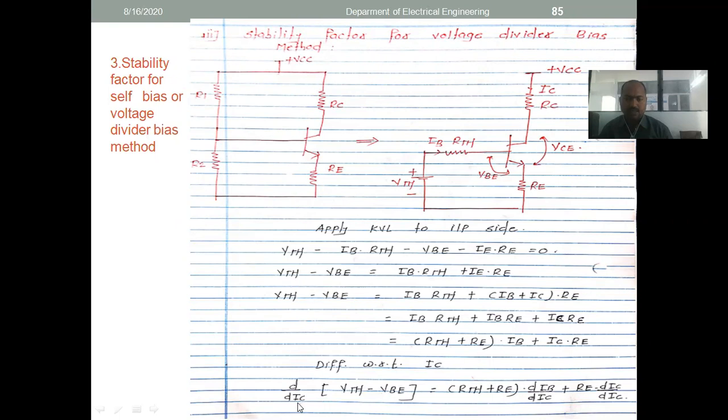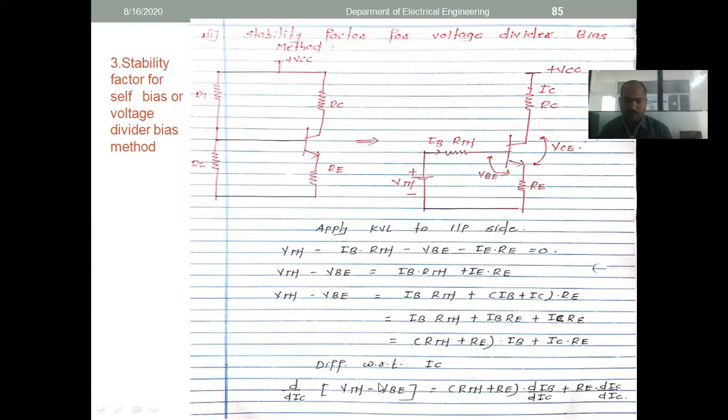So d by dIC of VTH minus VB, taken in a bracket, is equal to RTH plus RE. Now for IB we use the differentiation dIB by dIC, plus IC, so the same way dIC by dIC into RE.